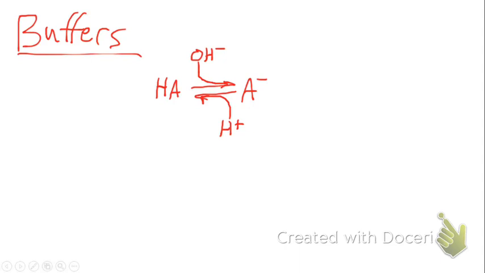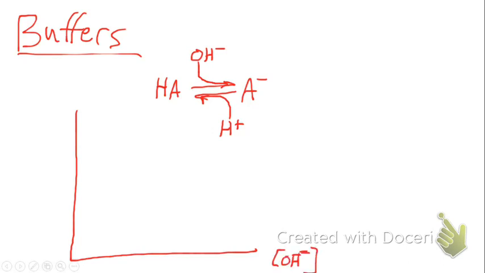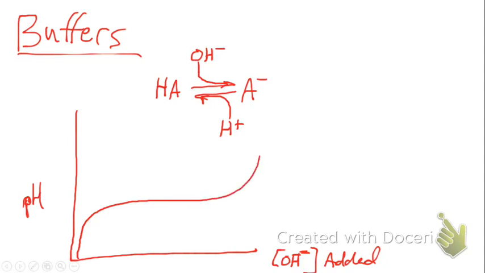And so for a buffer, if we look at a titration curve, this is going to be the amount of OH added, and this is going to be the pH. What we see is that a buffer gives a curve that resembles this.